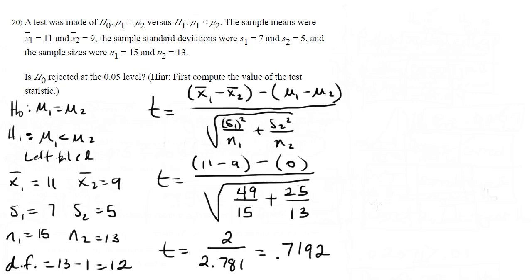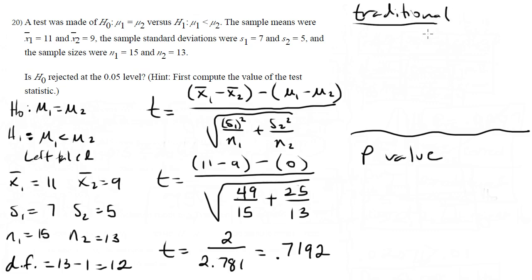Now, depending on whichever approach I'm using, I can use the p-value method or I can use the traditional method. Either way, I should come to the same conclusion. So at the 0.05 level, the critical value, oh wait, I can go straight to the table here. 0.05 level, left-tailed.